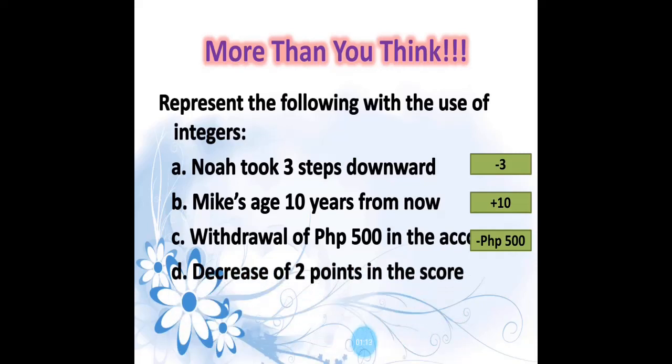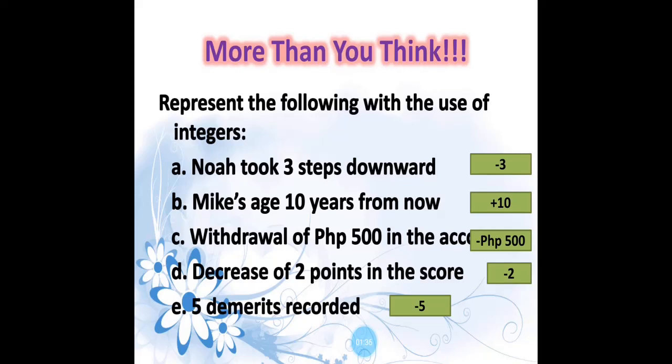How about this one? Decrease of 2 points in the score. The word there is decrease. So meaning that would become -2. Next, 5 demerits recorded. So the term there is demerits, meaning we're going to have less 5. So meaning that would be -5.